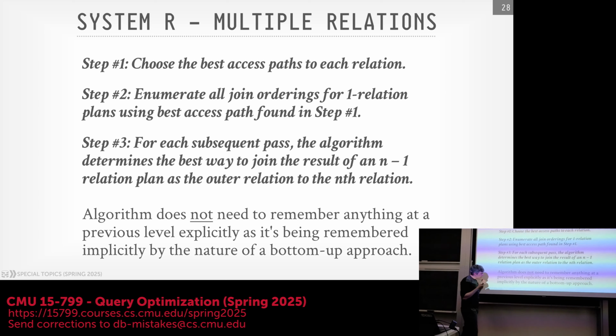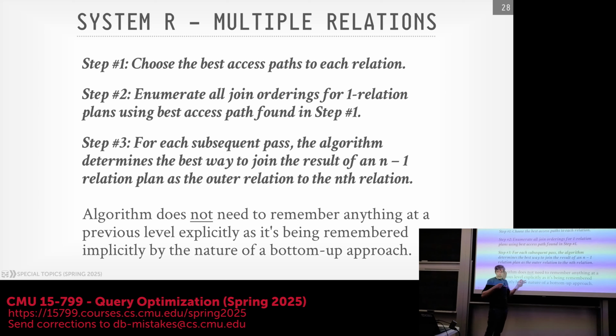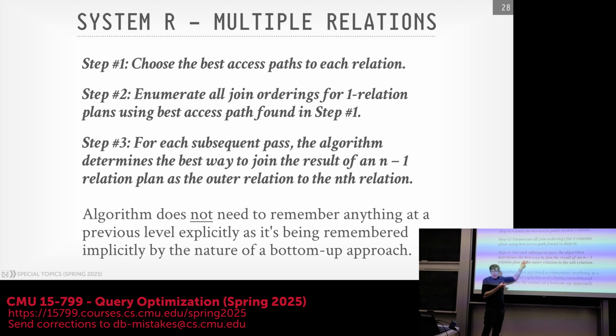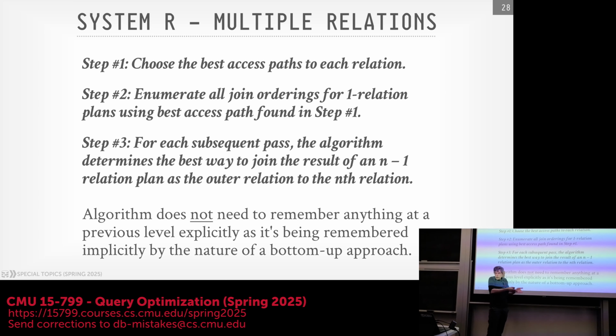What's going to be different about this approach than the top-down approach, we'll see later on, is that there we have to maintain a memo table to keep track of the things we've tried before. We don't need to maintain any history when we do this approach, because implicitly the path that we've followed to get to some level in the search tree is going to tell us the history that we care about.